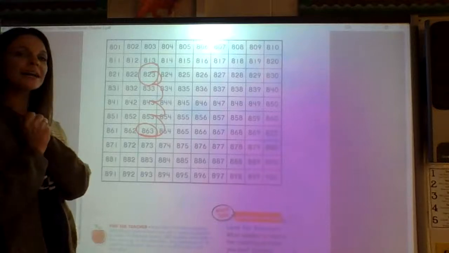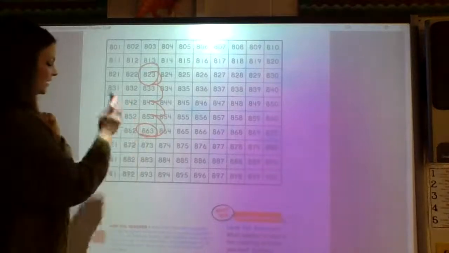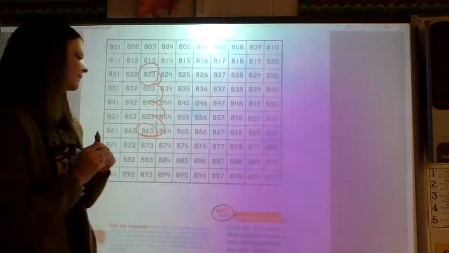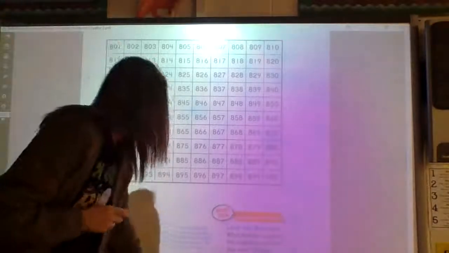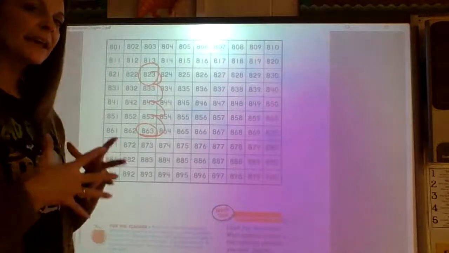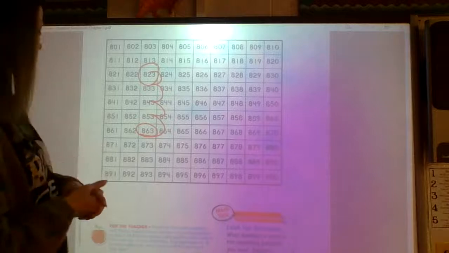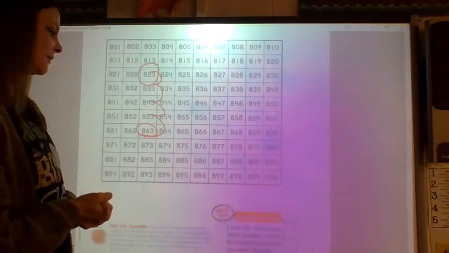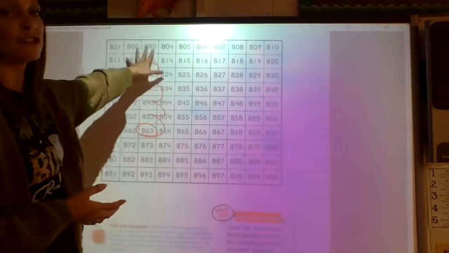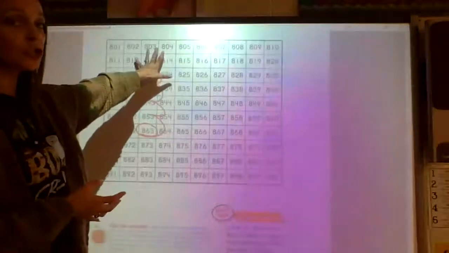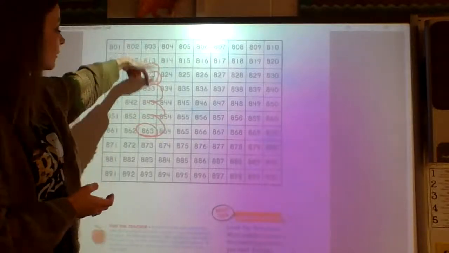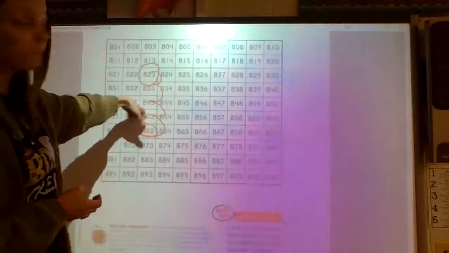What number are we on? 863. So we counted by tens to show how many muffins were sold that day. We used our knowledge of place value and our hundredths chart to help us know we counted down.